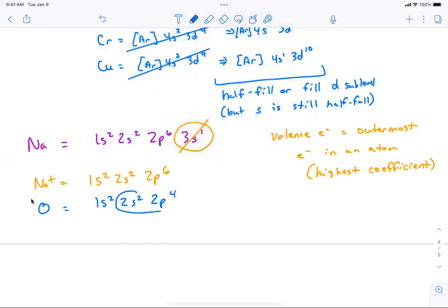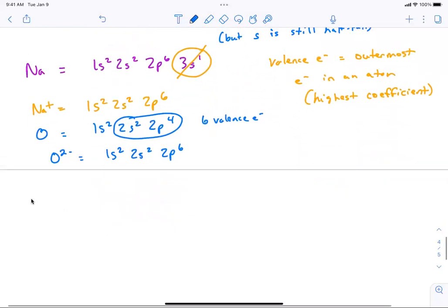So the highest coefficient is 2, so it has 6 valence electrons. Well, we know oxygen wants to gain 2 electrons, so we're going to put those electrons in the highest shell, where the available space is in 2p, because 2p can hold up to 6 electrons, making 2p6.